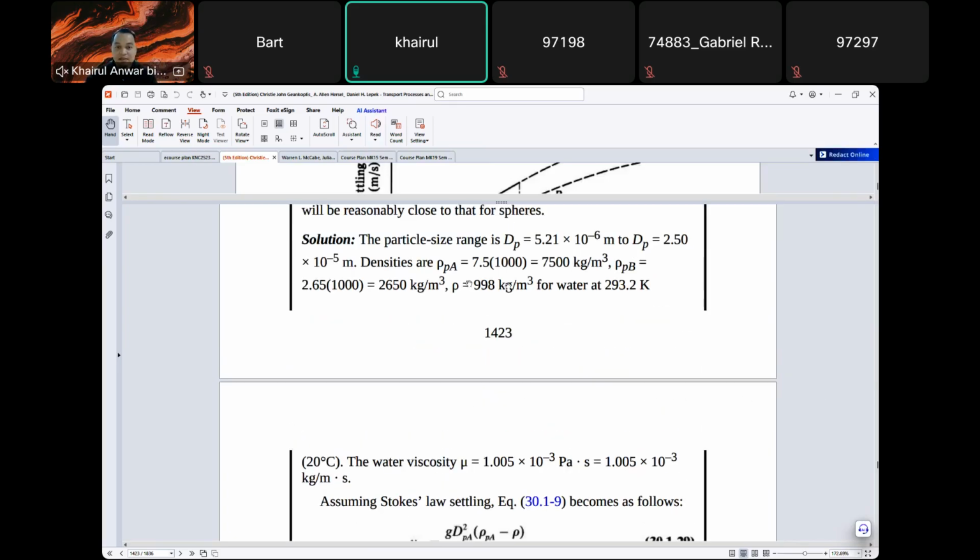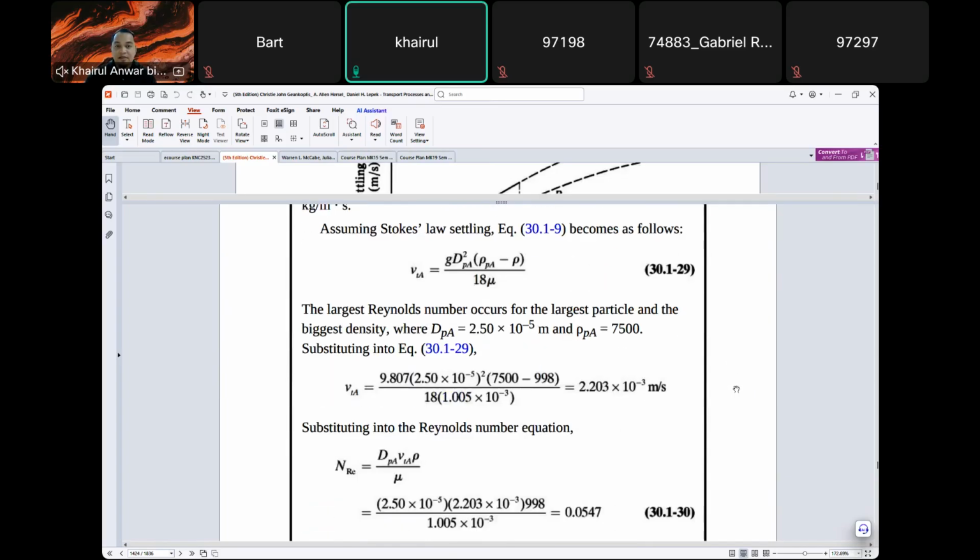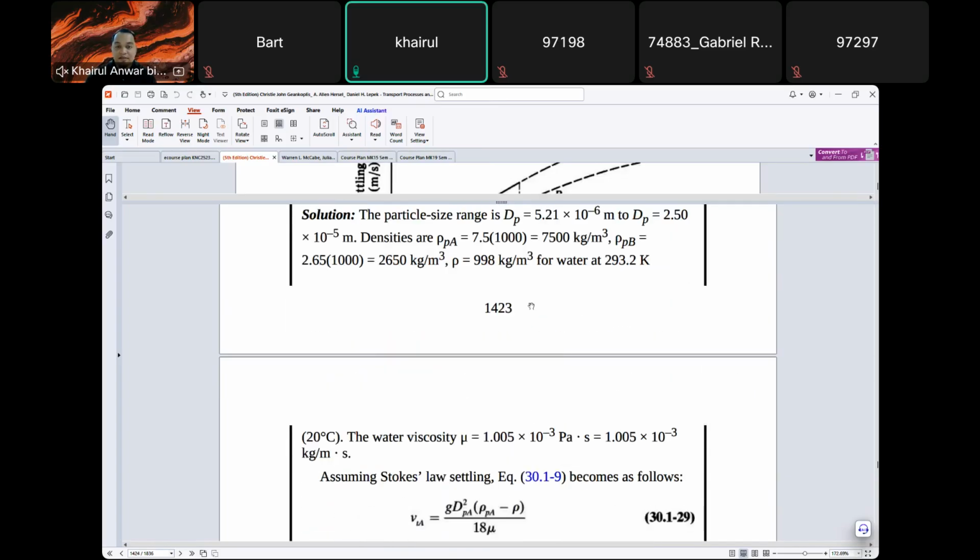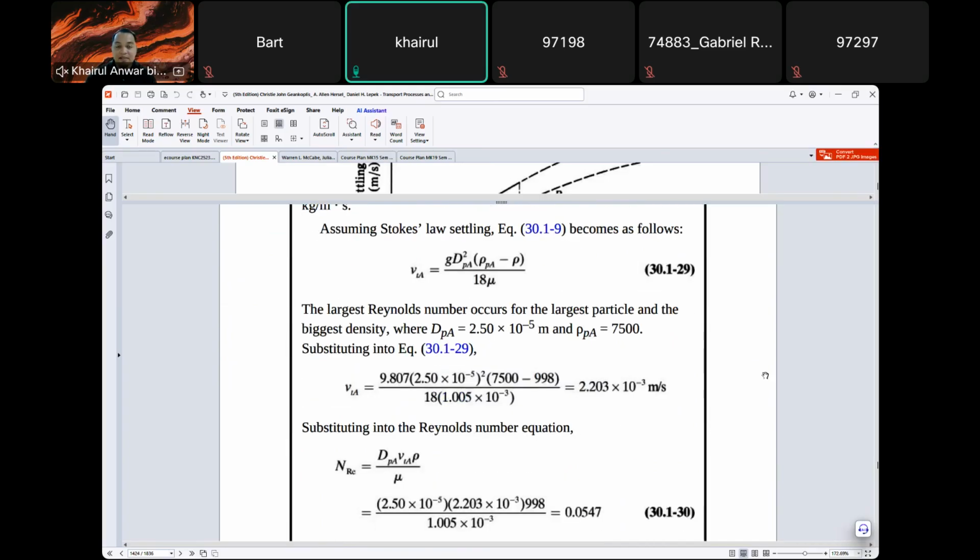This value is from Appendix A.3 in the book. The water viscosity is also from that appendix at 293.2 Kelvin. So the value is available in the appendix.